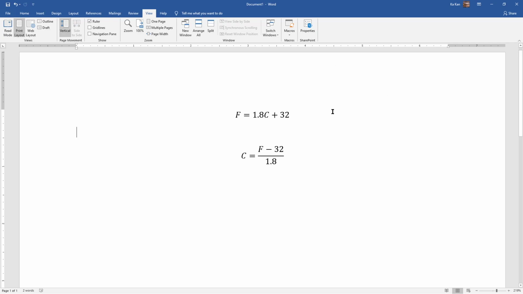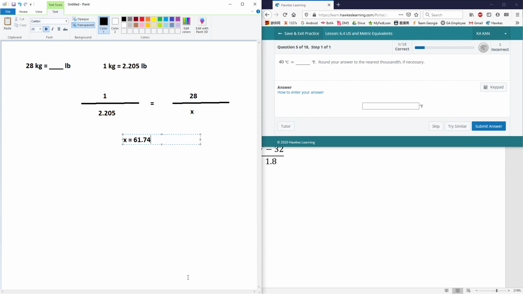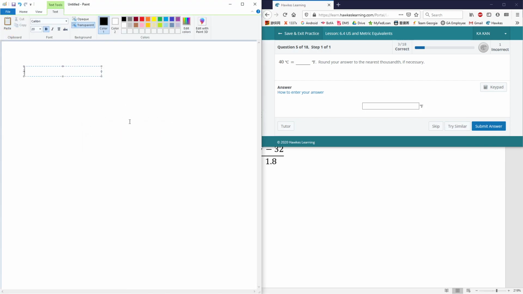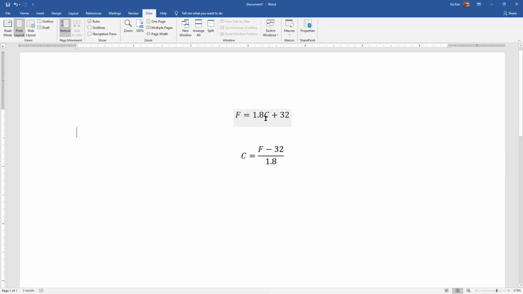So the first problem, right, is we want to change from 40 degrees Celsius to Fahrenheit. So if you're going from C to F, you want this guy on the top.